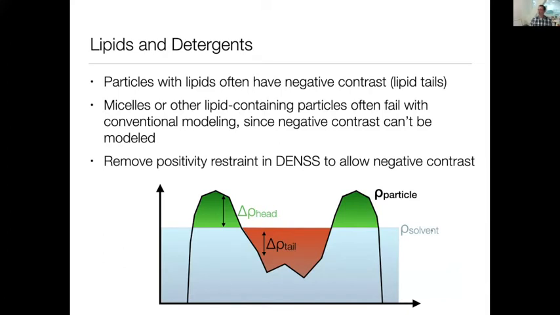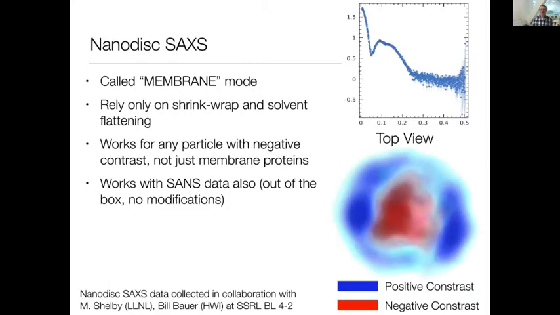And so some parts of the particle, like the detergent or lipid tails, will have lower density than the actual bulk solvent itself. So it'll actually have negative contrast. And regular programs cannot model that, right? If you try this with bead modeling, it generally fails because it's assuming it's all uniform density. So you can actually just remove the positivity constraint in DENSS very easily to allow for this negative contrast and reconstruct membrane proteins, or in this case, a nanodisk or a micelle or something like that.